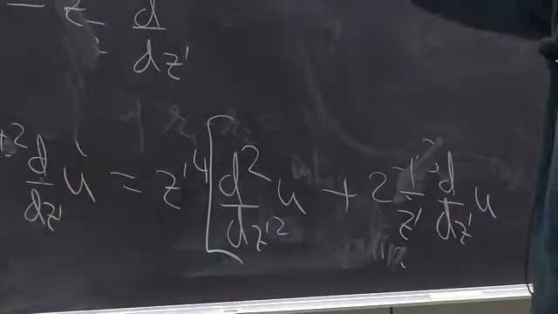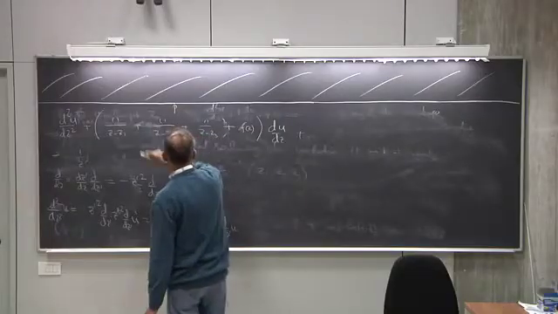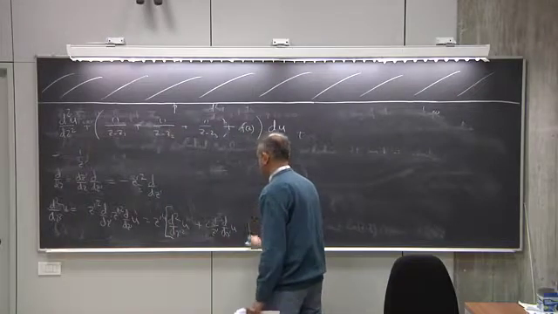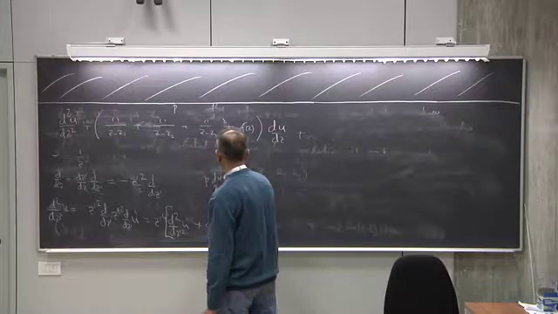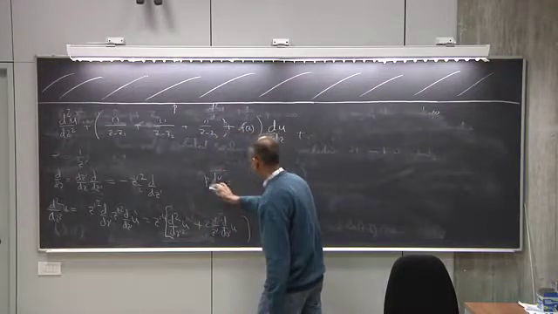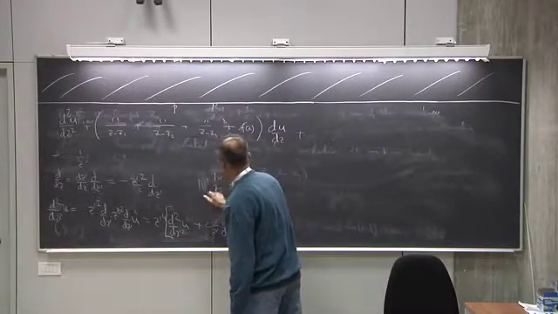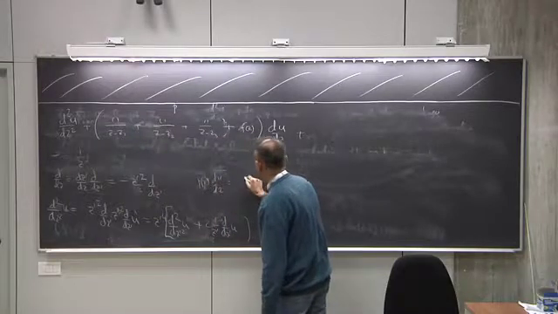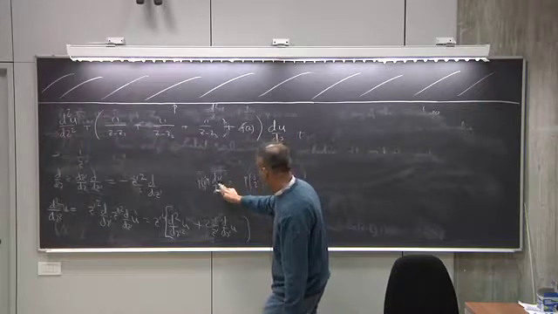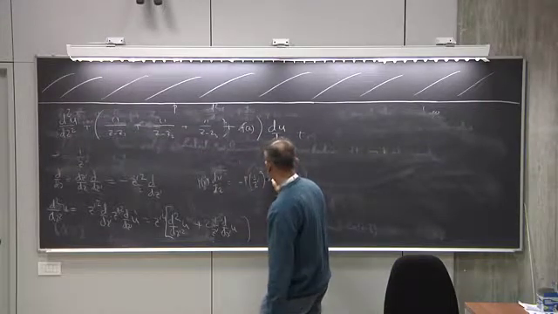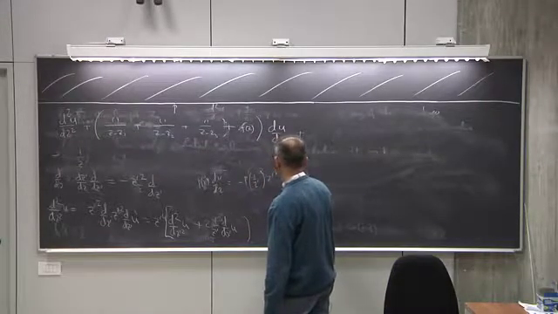Of course, I also have to look at this term, which is the P. So what about that term now? We have a term which is P du by dz, which is the same as P of z. I have to just write P of 1 over z prime, and then this minus z prime square d by dz prime u.